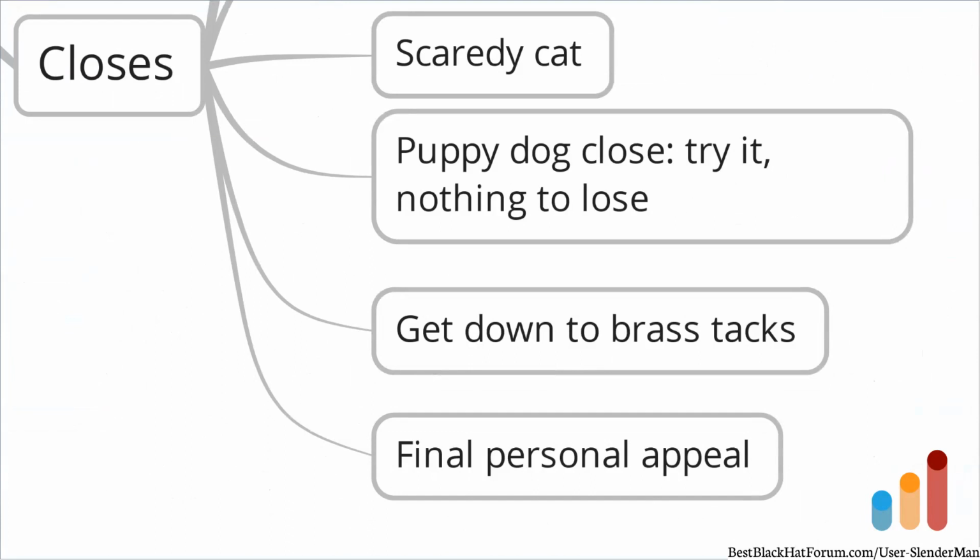I know you have to make your own decision, but I want you to just try it. This is my personal appeal to you. Obviously they're two very different attitudes between get down to brass tacks and a final personal appeal. Either one, depending on the voice of the rest of the copy, can be an effective way to close the sale.